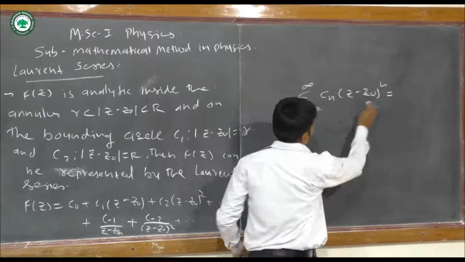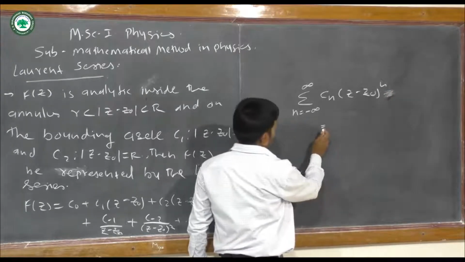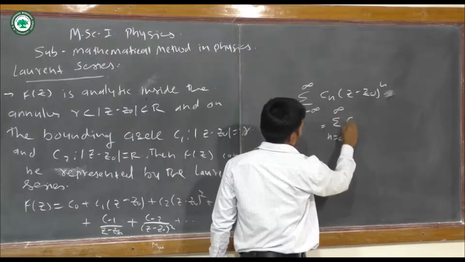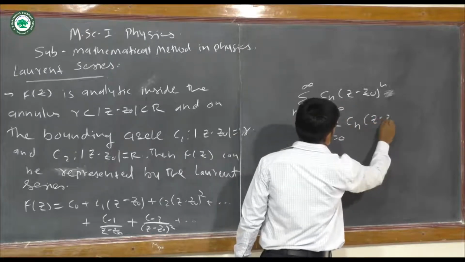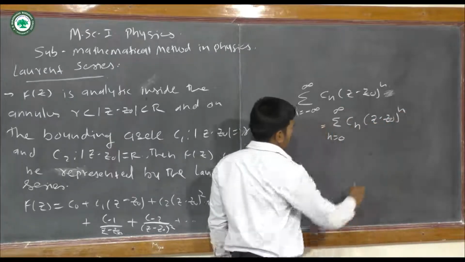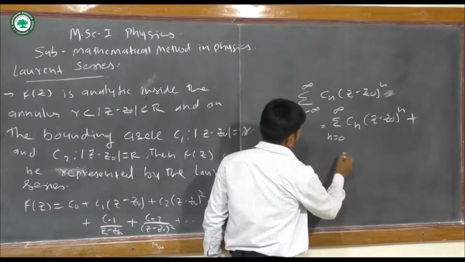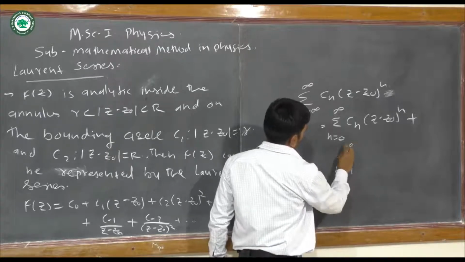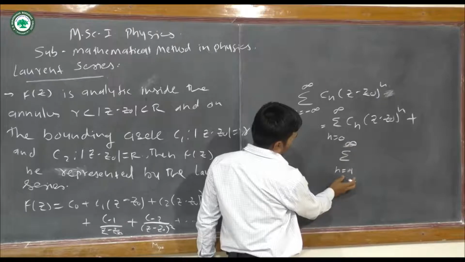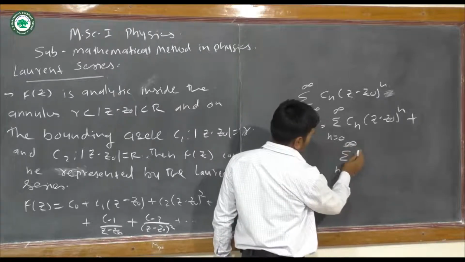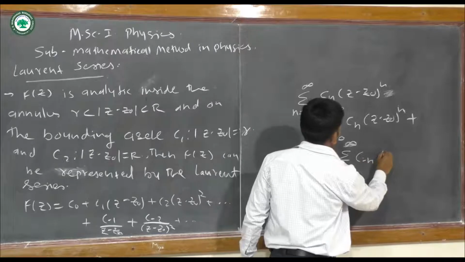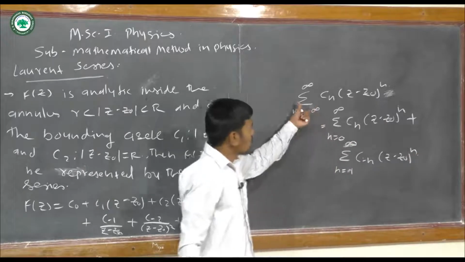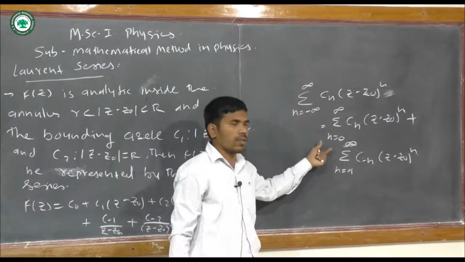This is equal to the summation over n equal to 0 to infinity of Cn (z minus z naught) to the power n, plus the summation over n equal to 1 to infinity of C minus n (z minus z naught) to the power minus n. So this series can be written in these two parts.